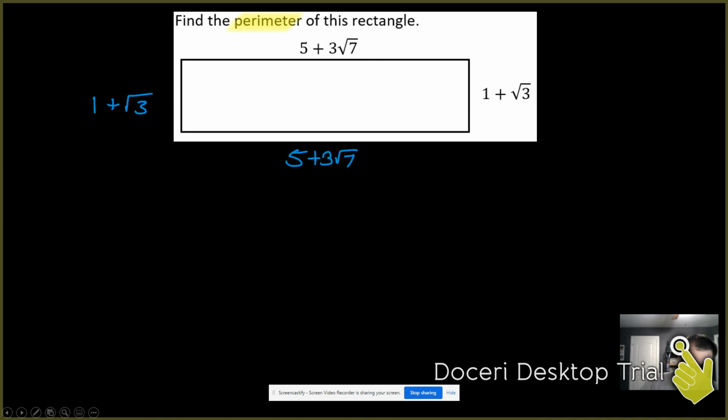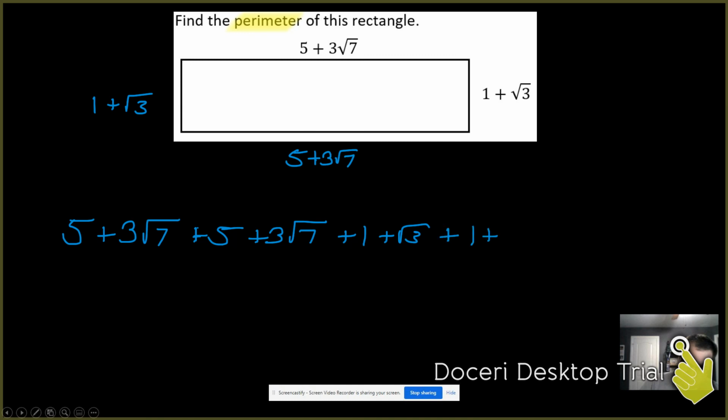Okay, so we have 5 plus 3 square root of 7. That is mentioned twice, so write that twice. And then we have 1 plus square root of 3, also mentioned twice. Remember, we need common radicals.